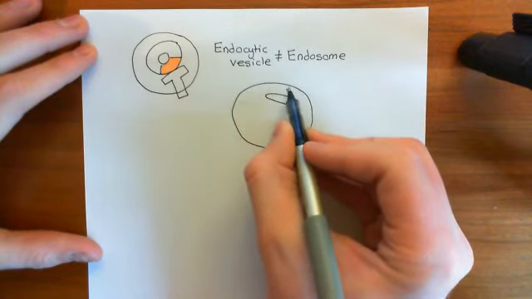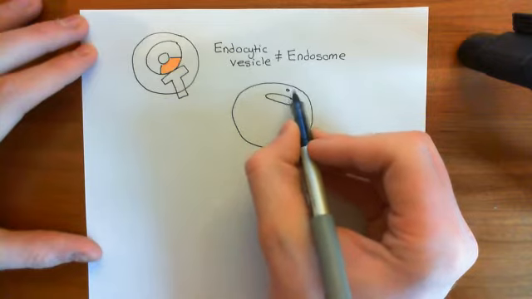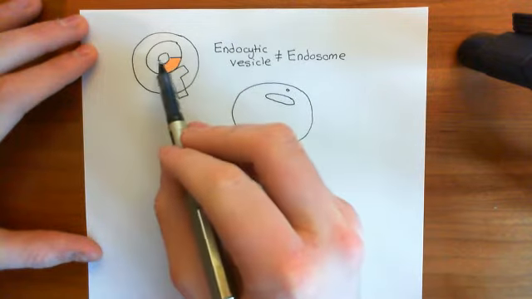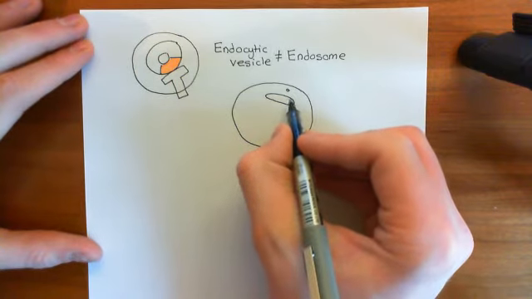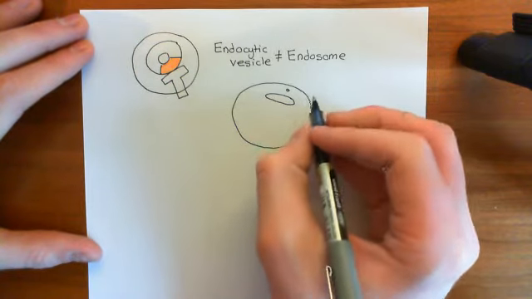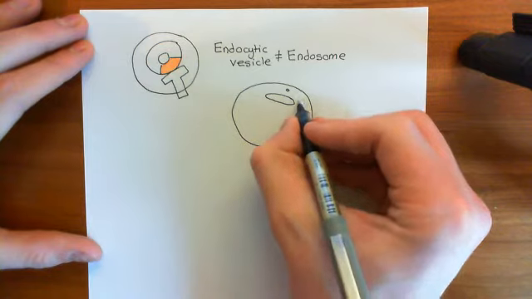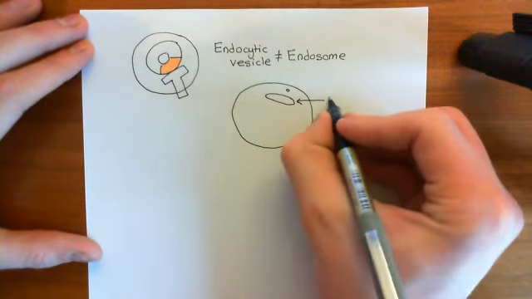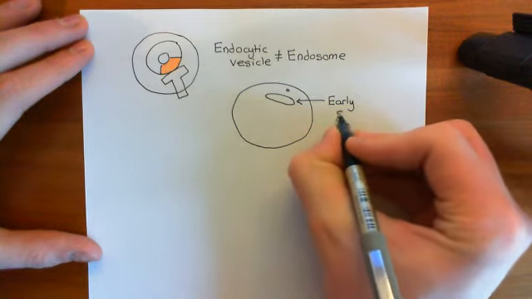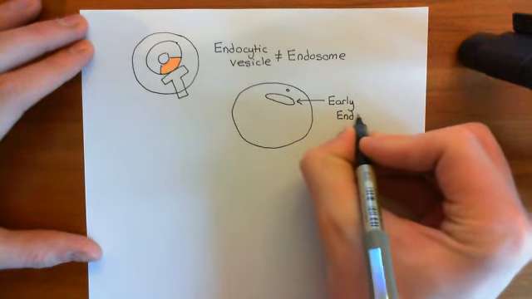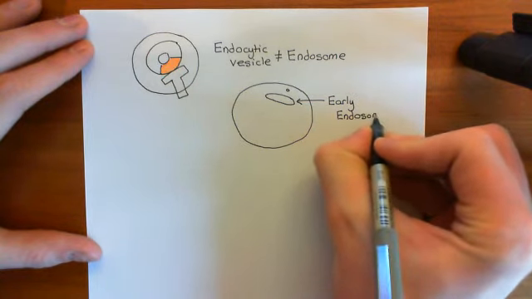And what's going to happen is this endocytic vesicle, which has come from the plasma membrane and which has this LDL particle within it, is going to now go to an endosome. Okay, and the first endosome it's going to go to is something called the early endosome. Okay, so this is the first endosome that it's going to go to, and an endosome is a large intracellular organelle.